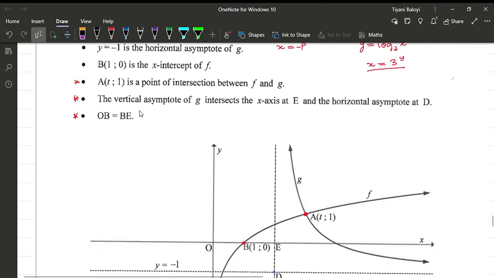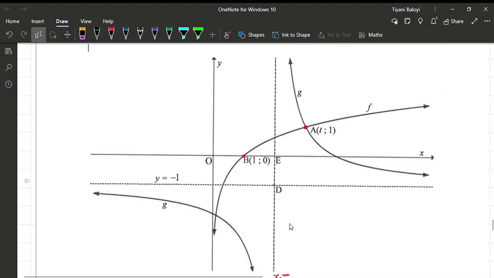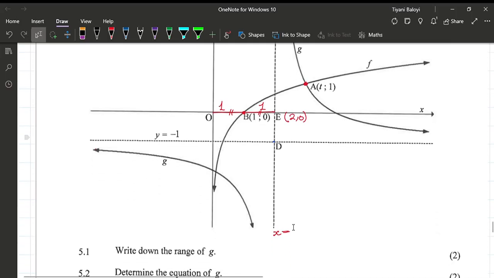What does this mean? There are two distances. From O to B, this is 1 unit. From B to E, if these two are equal, then it means that you also have 1 unit. So here you will have 1 plus 1, that's (2; 0), and here it will be 2. And then this lies on y is equal to minus 1, so this will be (2; minus 1). Therefore, this is x is equal to 2. So this is your negative p.